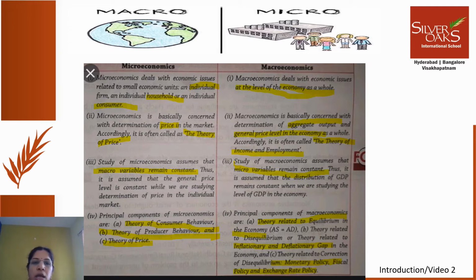Just to summarize, microeconomics deals with individual entities, individual firms, consumers or households. It is also called price theory. When we are studying any microeconomic phenomenon, we'll assume that all the macro variables are constant. And the principal elements of microeconomics are consumer behavior, producer behavior, and theory of price.